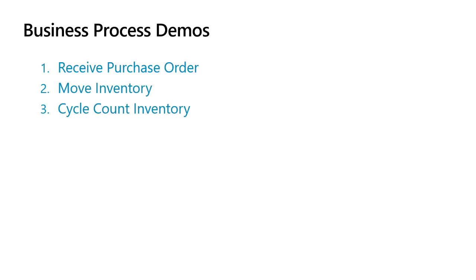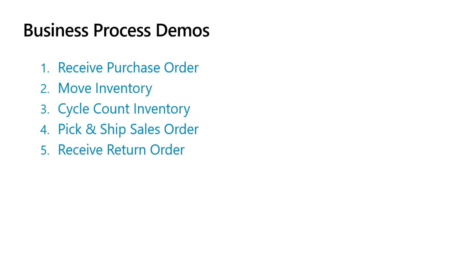We're going to cycle count inventory within the warehouse, and in this case, it's going to be an ad hoc cycle count, not one that was planned. I'm then going to pick and ship a sales order out of the warehouse, and then turn around and receive a return order from that shipment.